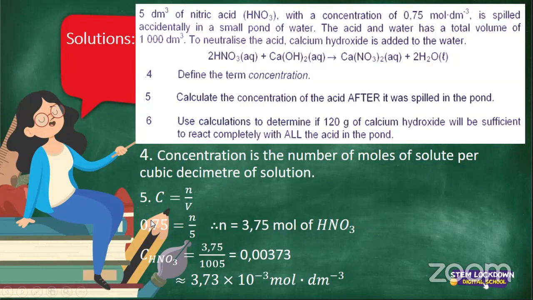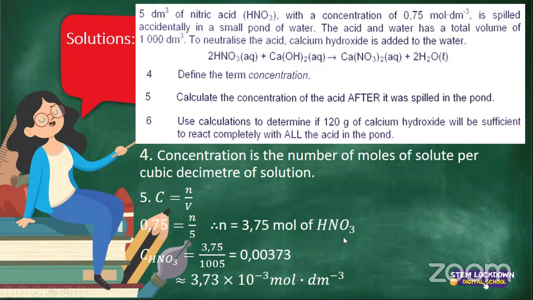So we know that the initial concentration was 0.75, equals the number of moles over volume. So the number of moles of the acid was 3.75 mole of nitric acid, right?